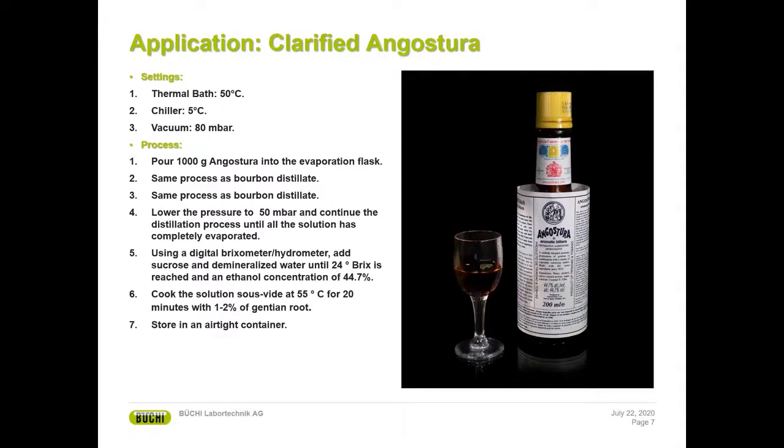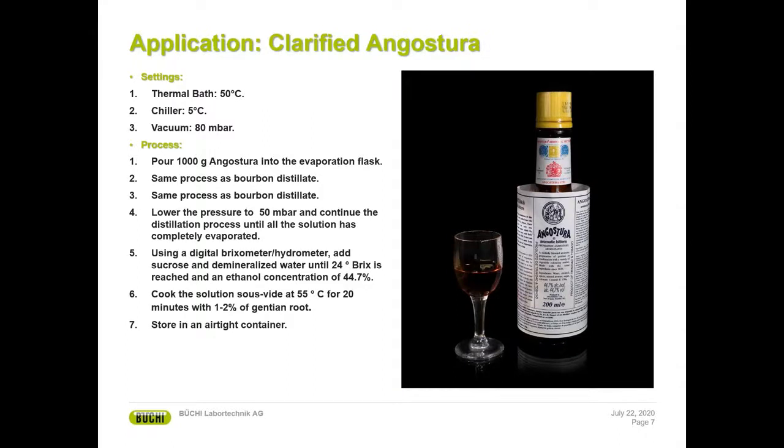If you're wondering how we reintroduce the bittering flavor, as you see from the slide, after the sugar is added and the ethanol concentration is fixed, we cook the solution sous vide at 55 degrees for 20 minutes with very good quality gentian root.